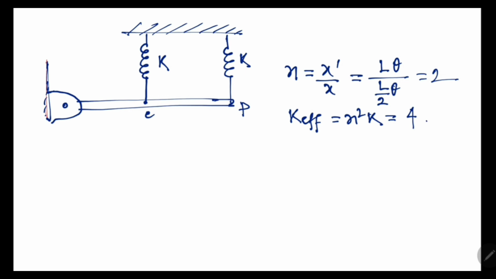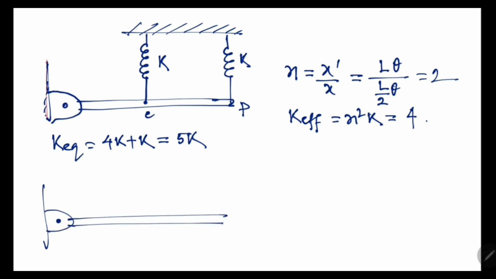Hence, the spring can be replaced by a spring of spring constant 4k connected at position C. Again, in this case, we need to find the equivalent spring constant because there are two springs. Hence, the equivalent spring constant equals 4k plus k, because the springs are in parallel combination, that is 5k.